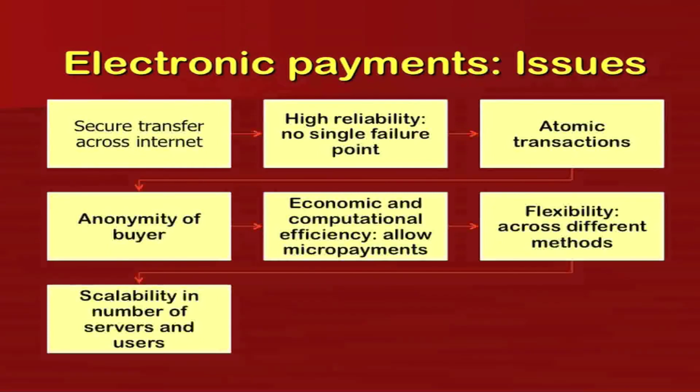Electronic payment issues which impact the market are: secure transfer across the internet; high reliability, where no single failure point has to be there; atomic transactions, that is, the smallest transactions can take place; anonymity of the buyer; economic and computational efficiency to allow micropayments; flexibility across different methods; and scalability in number of servers and users.